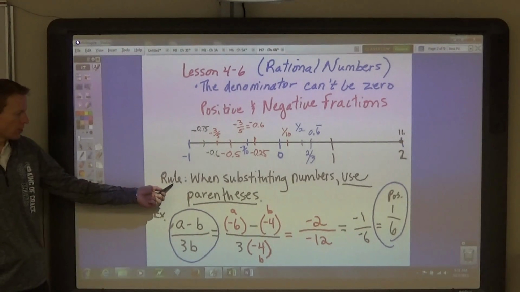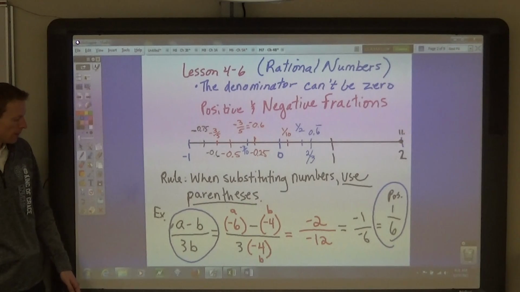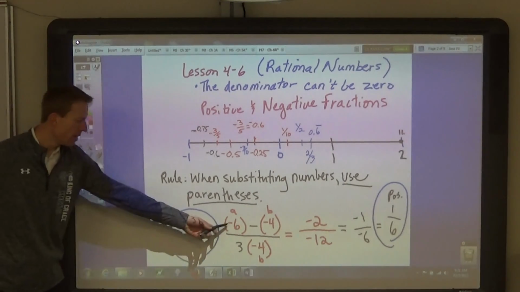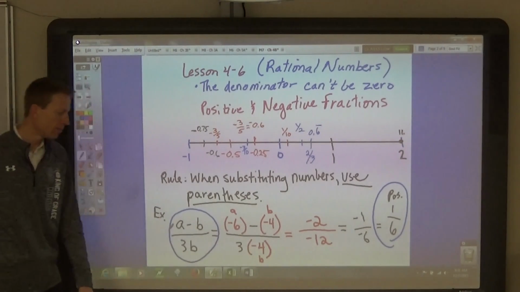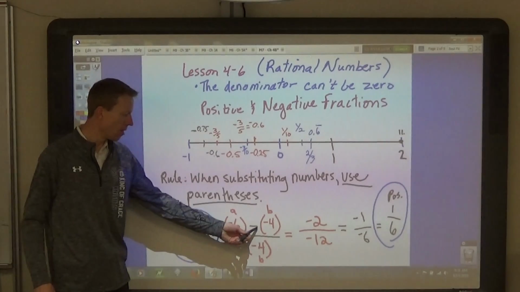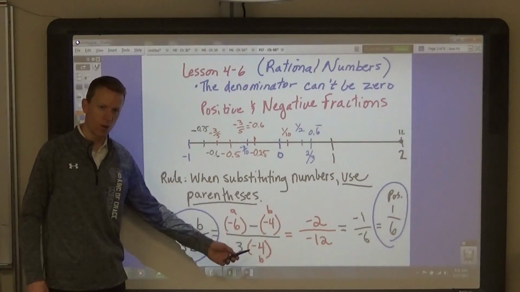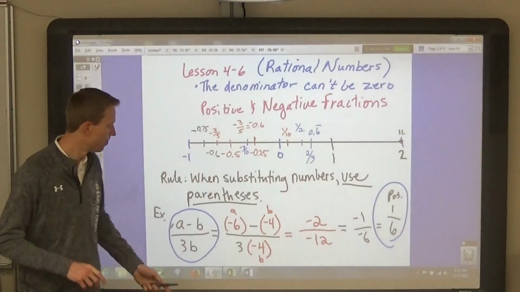Now remember, when you're substituting, always put it in parentheses. And here's why. If you put in negative 6 minus negative 4, you have to remember that this is two minuses in a row, and that equals just plus.